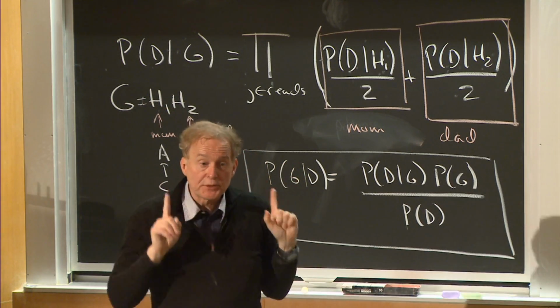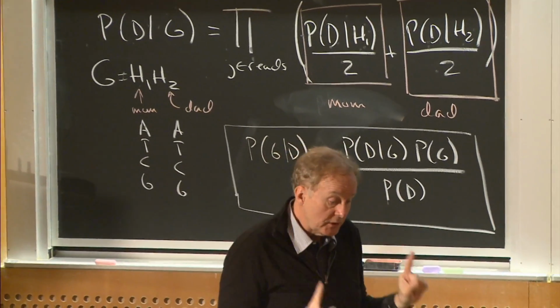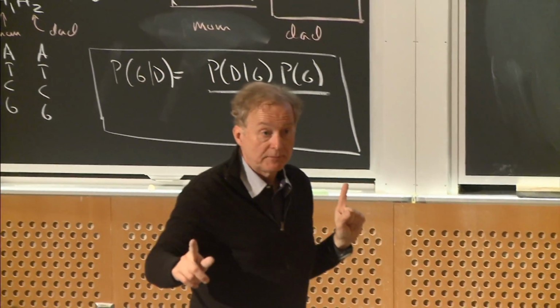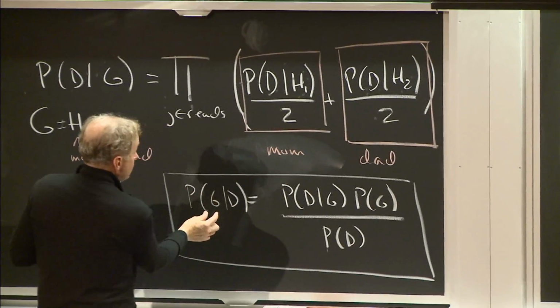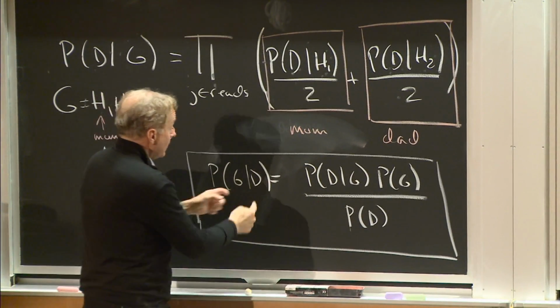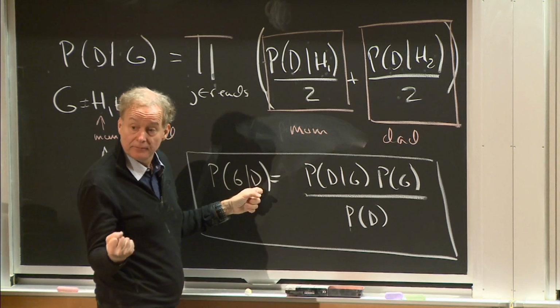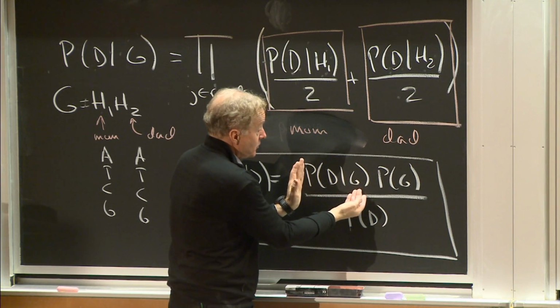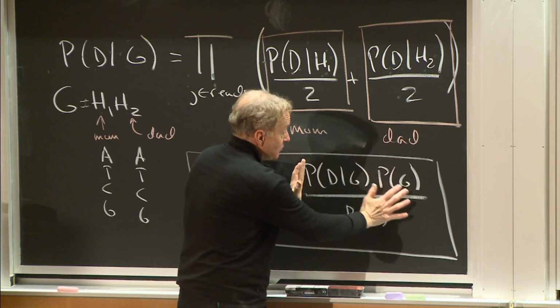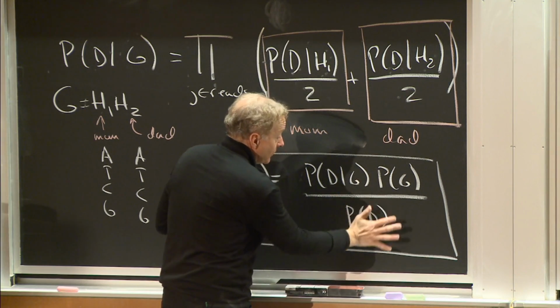we want to compute the posterior of the genotype given the data we have observed. So we want to compute the probability of the genotype given the reads that we have in hand. This is really important. That is what the genotype likelihood is up there. It's the probability of the read set given the genotype, times the probability of the genotype, which is a prior, over the probability of the data.